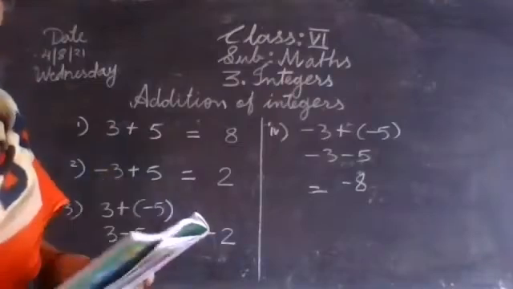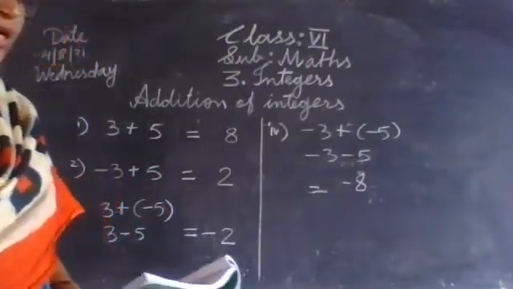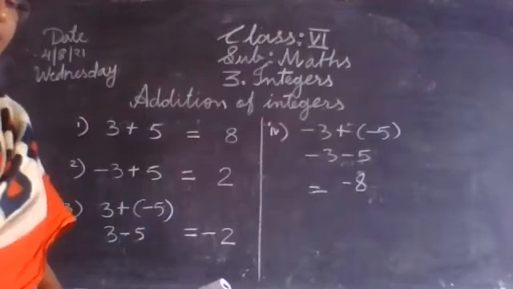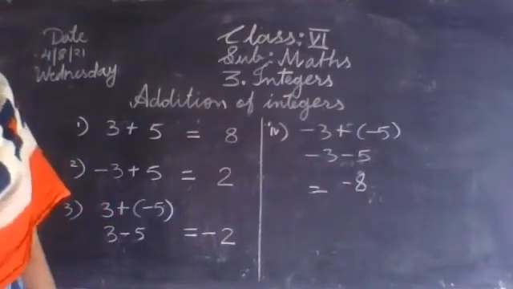So I am giving you one question from your textbook. Write the opposite number of each of the following given numbers.